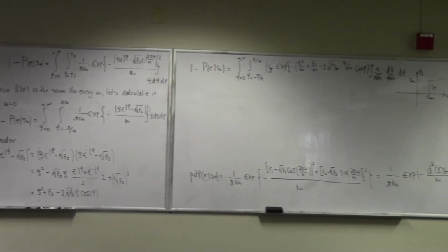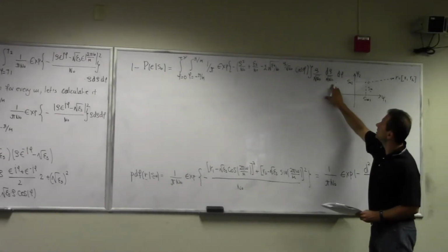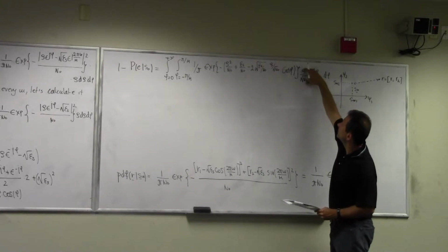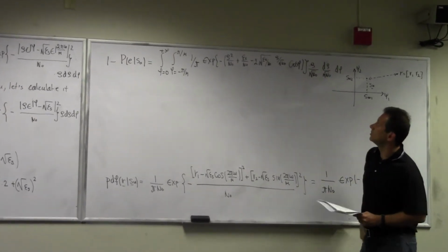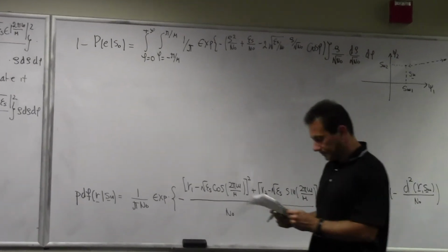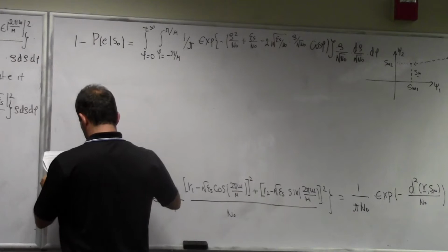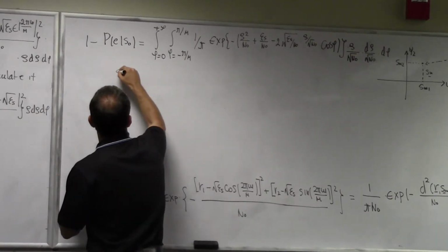So why am I grouping in that way? Obviously, there are some substitutions that I would like to introduce. This is one of them, rho over square root of n0. The other one is square root of Es over n0. So, substitution.